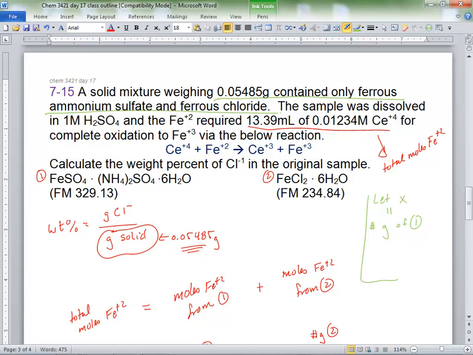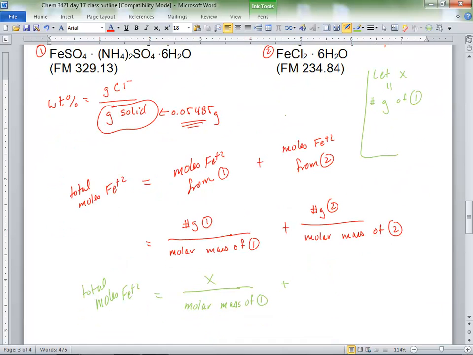So if I take 0.05485 minus X, I'll have the grams of this one, all over the molar mass of 2. Now, just like any equation, if I only have one equation, I can only have one variable. X is definitely a variable.